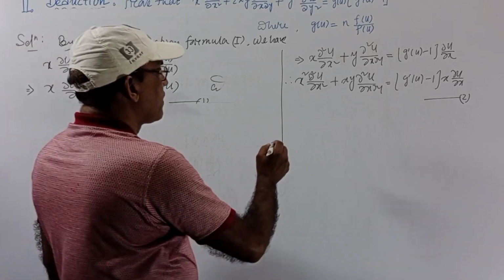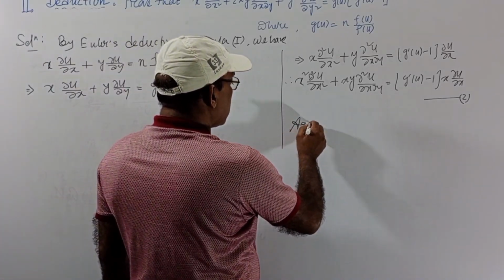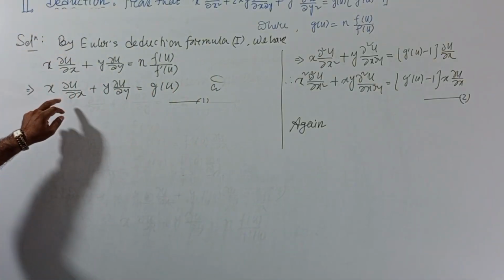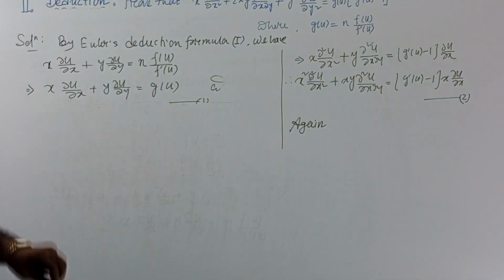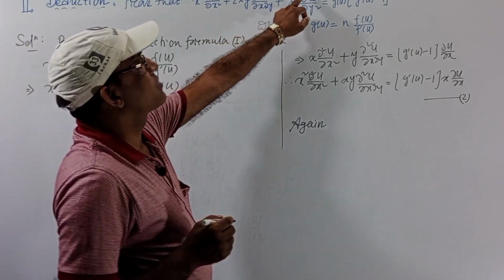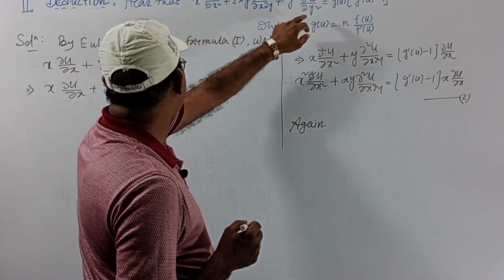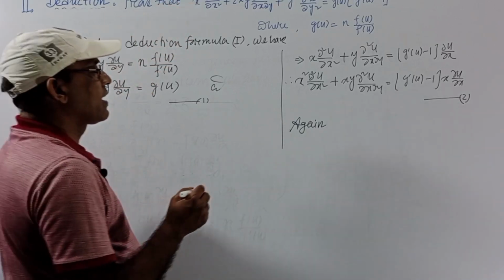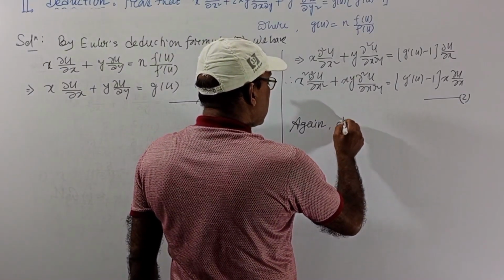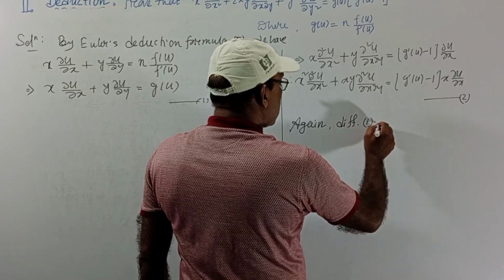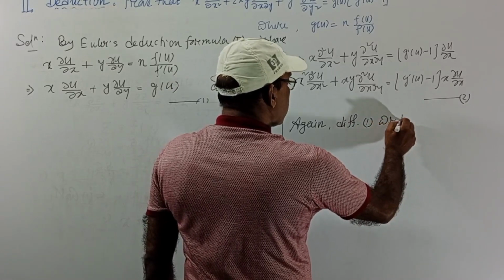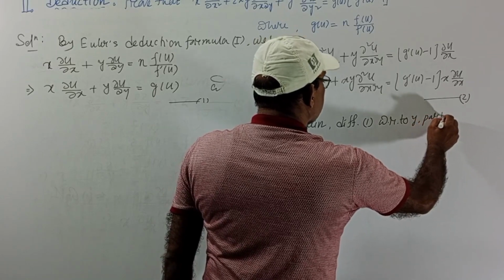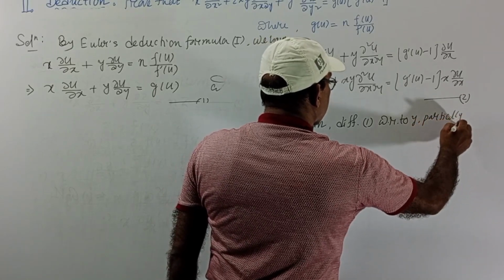So again, we differentiate this number 1 with respect to y, because in your problem del square u by del y square we have also. So if we differentiate with respect to y, then we get this one. Again differentiating 1 with respect to y partially, we get.